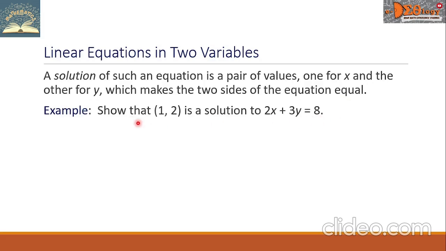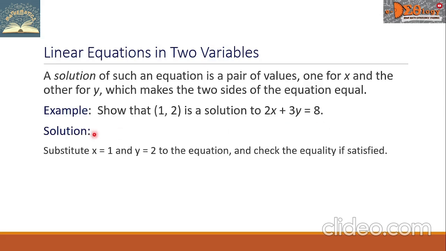Example: show that the ordered pair 1, 2 is a solution to 2x plus 3y equals 8. For the solution, we substitute x equals 1 and y equals 2 into the equation and check the equality if satisfied. Our equation is 2x plus 3y equals 8.